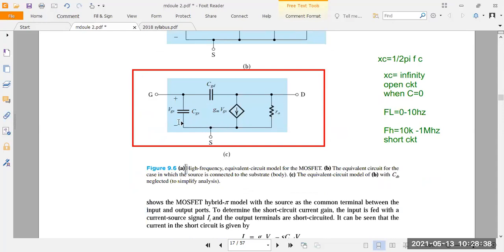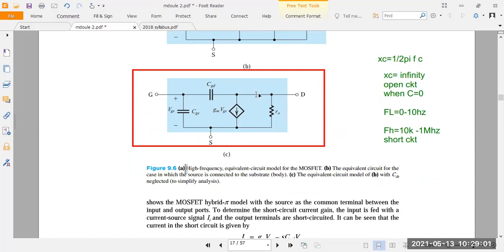Within the MOSFET, we want to connect the CGS, because there is a VGS, the voltage across the gate to source, so there is a capacitance between the gate and source. Next, write the capacitance between the gate and drain. Then write one more capacitance between the drain and source.